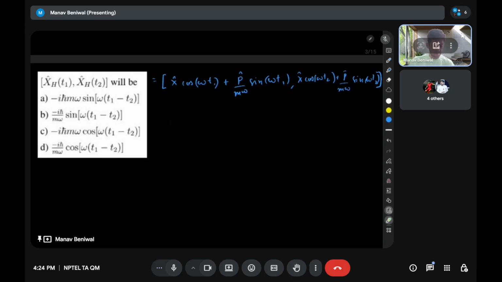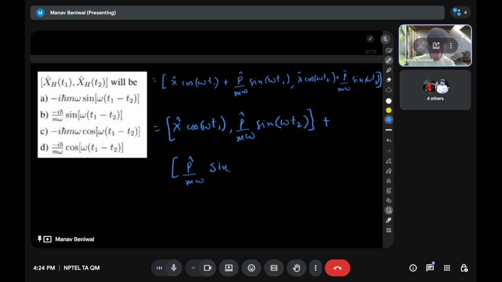Then the remaining terms: the first will be x cos omega t1 with its commutator with p by m omega sine omega t2, and the second term will be p by m omega sine omega t1 comma x cos omega t2.